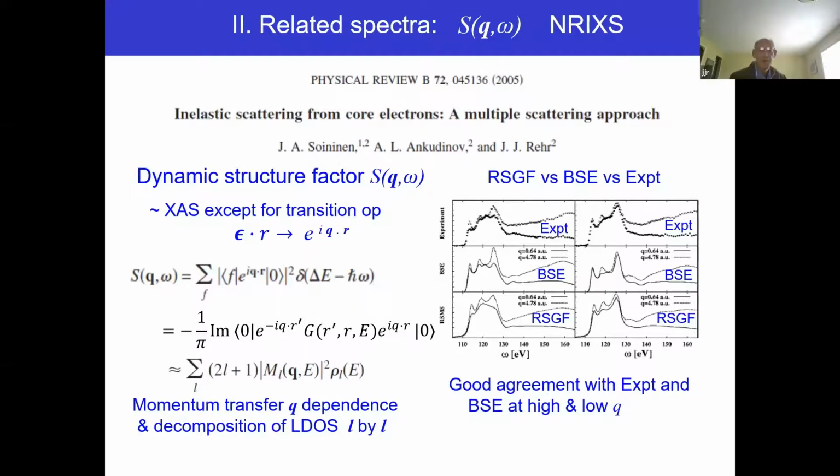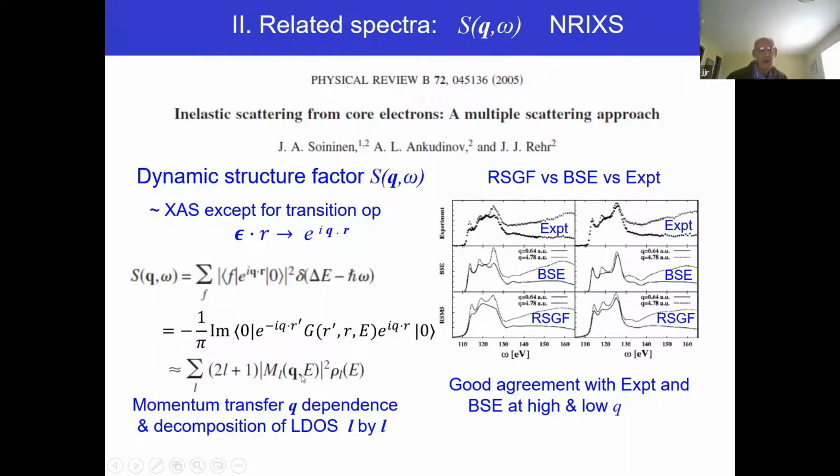So if you write the Fermi's golden rule for S of Q and omega, you get a golden rule-like formula with the transition matrix in here. But that's very easy to rewrite with the Green's function. So you see it's very similar.